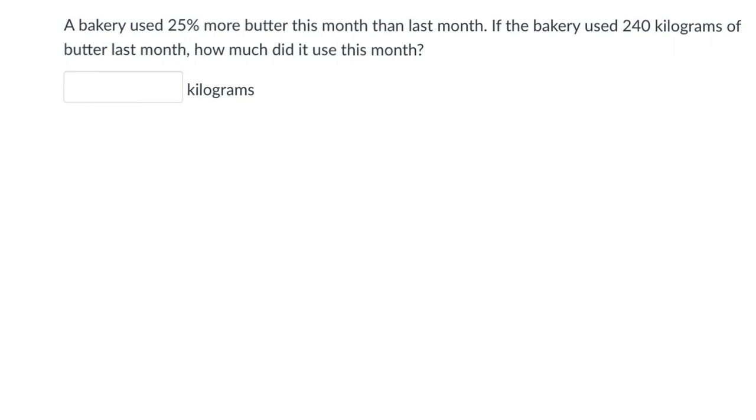Okay, so the first practice problem says that a bakery used 25% more butter this month than they did last month. If the bakery uses 240 kilograms of butter last month, how much did it use this month? So the first thing I'm going to do is I'm going to draw some double number lines.